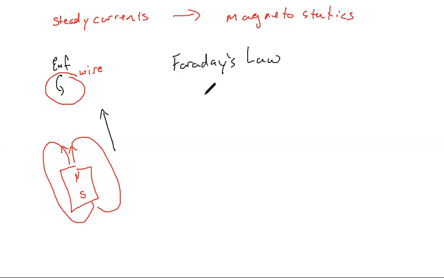Hopefully I got that right. So the statement is the following. The EMF around a loop equals minus the time derivative of the magnetic flux through the loop.